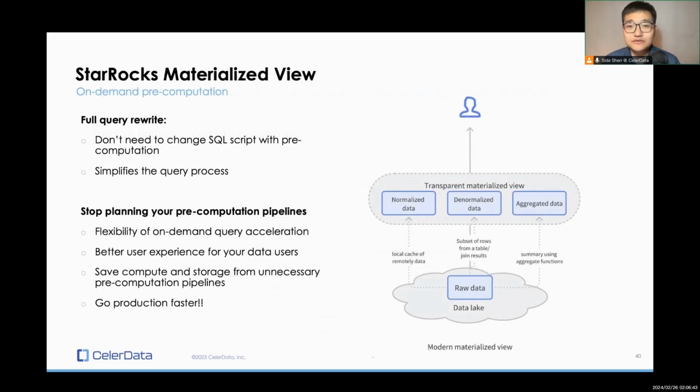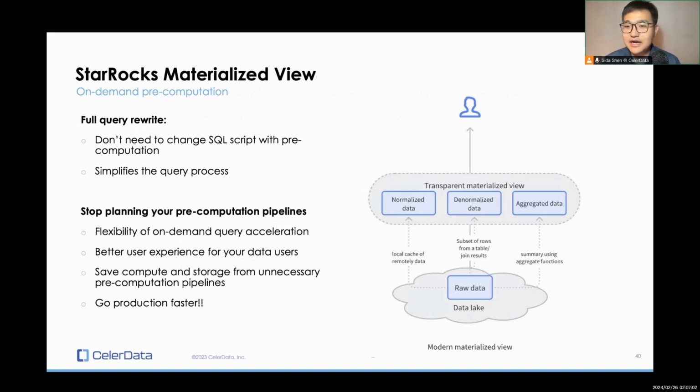StarRocks has a materialized view feature that enables on-demand pre-computation. A materialized view is a stored result of a query. And StarRocks materialized view has a unique feature that it can do query rewrite.